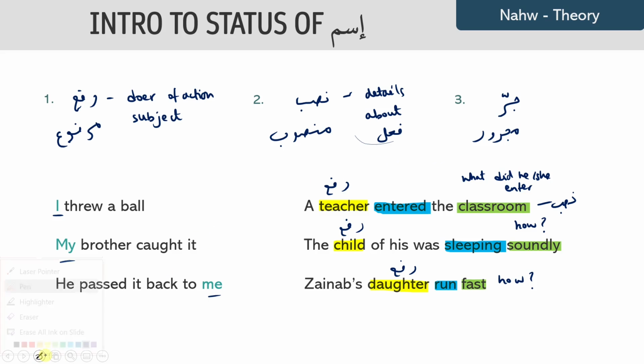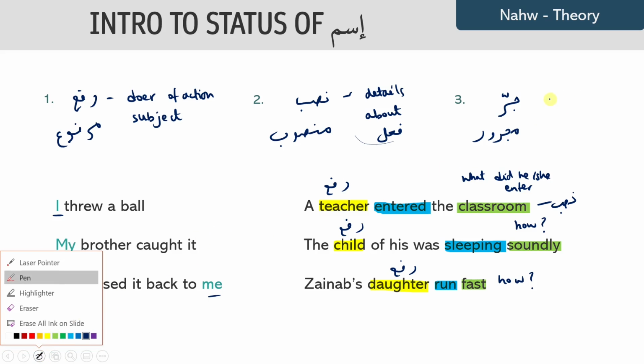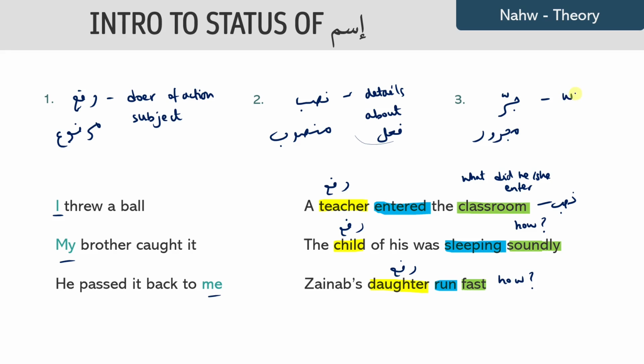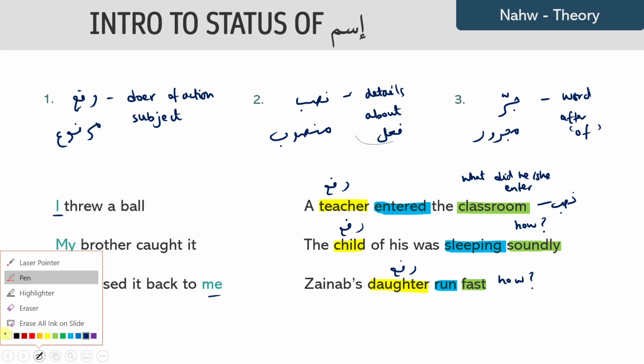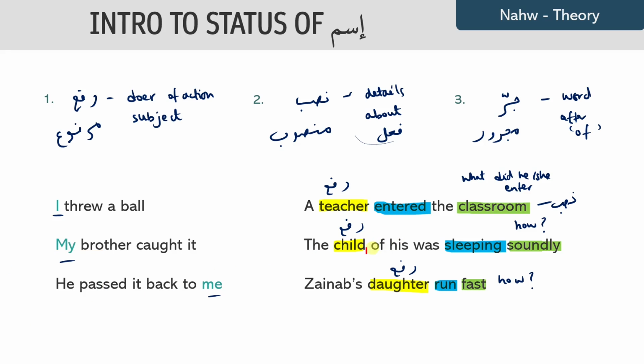Now let's have a look at what is jar. Jar is, for now, the word after of. So if you have a sentence and there's a word after of, you know that that word is majroor. So let's see here. The child of his was sleeping.